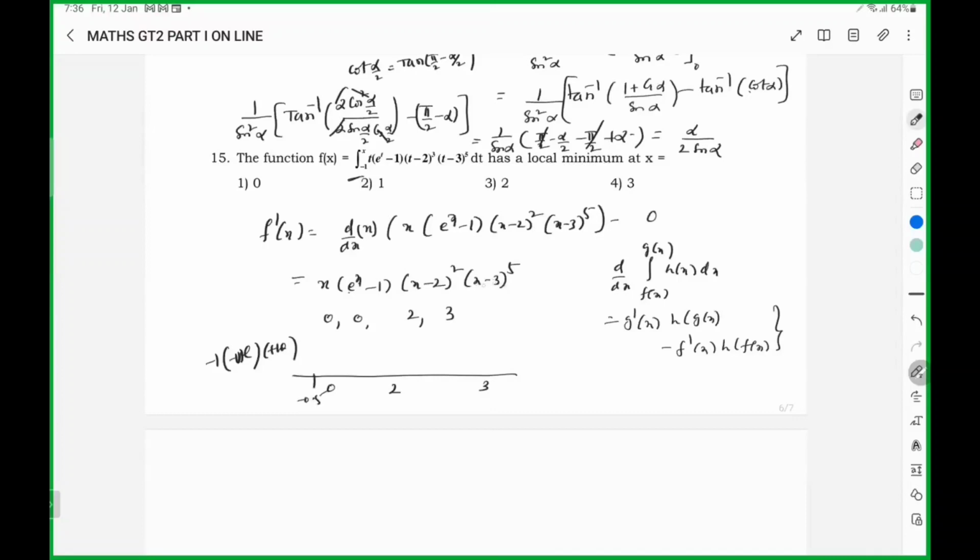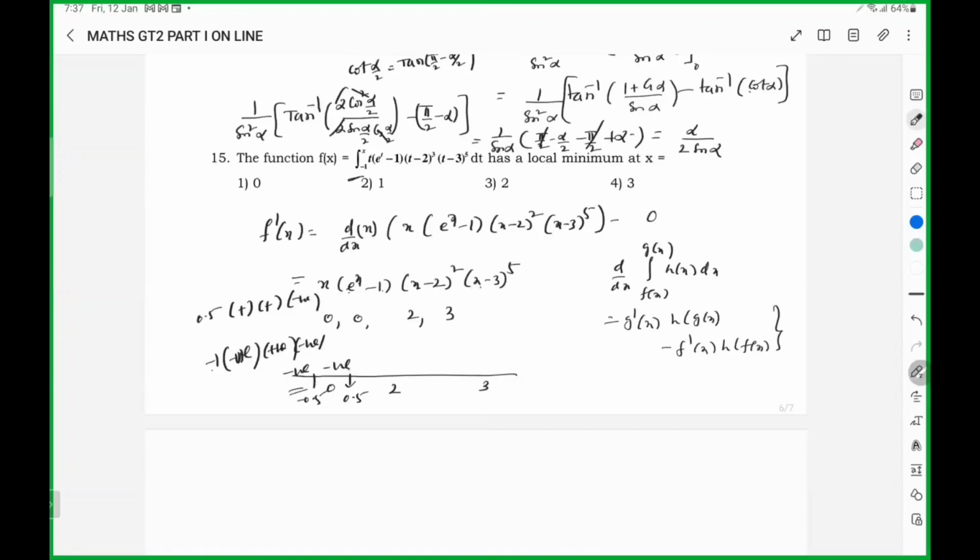So minus of negative, negative. So it's totally negative. Slightly more than 0 you take 0.5, e power 0.5 minus 1 positive, e power this is whole square positive, 0.5 minus 3 negative. So before and after 0 negative.